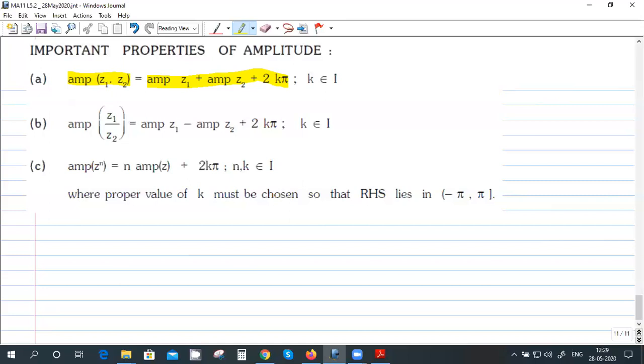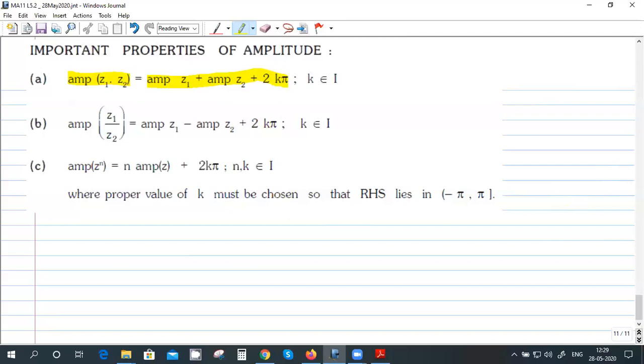So that is the exponential form, right? So with that exponential form, try to prove this relation, because whenever you're multiplying, it's better to take the complex number in the exponential form.